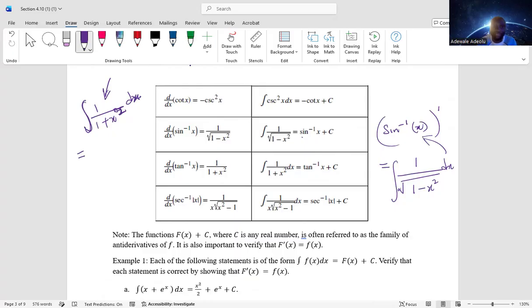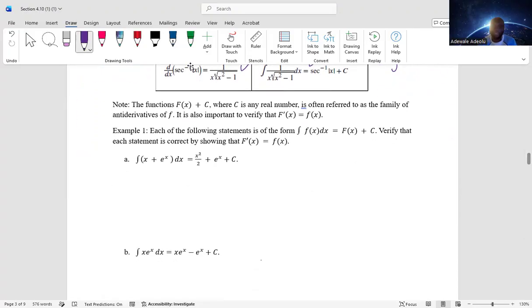And as you remember, that should be tangent inverse of x. And as usual, we need to add plus c. So the same thing with what we have here. These are all just formulas you can make use of.